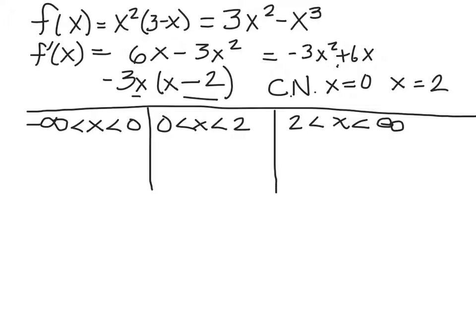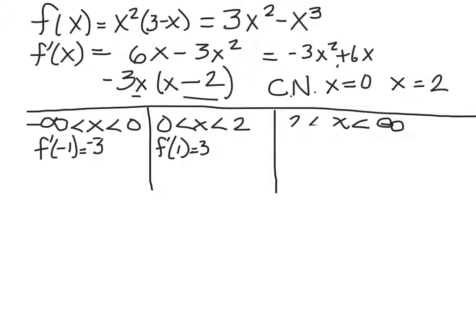Okay, so when I test the derivative of the function with -1, I get -3. When I test the derivative with +1, I get +3. And when I test the derivative with, oops, I put an x in there, it doesn't belong.